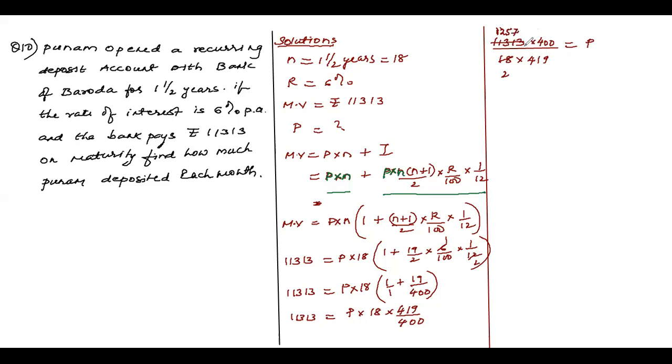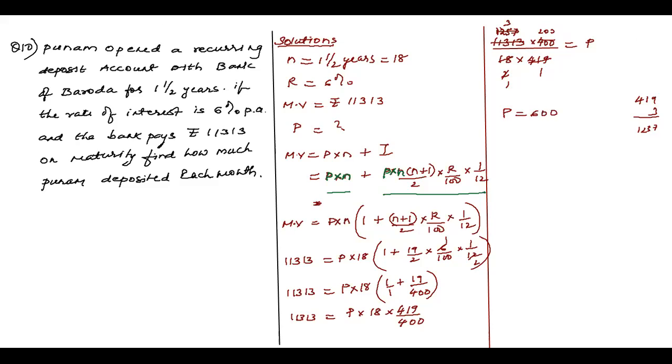Now again, children, this 419 comes in the table of 3. 3 nines are 27, 419 threes are 1257. Things get cancelled, children, and P is equal to 600. Sorry, P is equal to rupees 600.